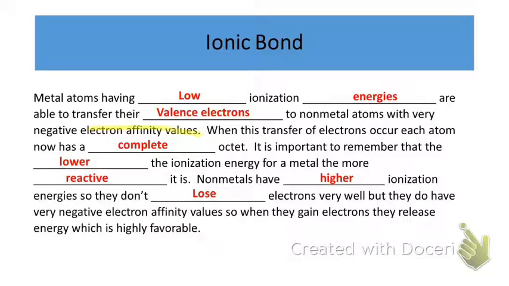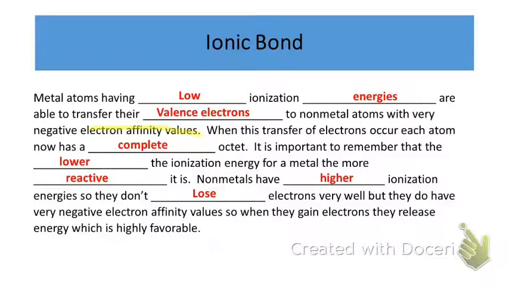Remember, affinity means that it likes, it wants, okay? So nonmetals have very high affinity for electrons. They love them, and they want more of them. Whereas metals do not have high electron affinity values, very low electron affinity values. Metals just want to get rid of them, which makes sense since they have low ionization energies and so forth. Okay, so kind of think of electron affinity in those terms.